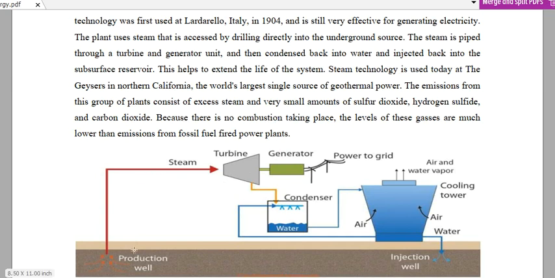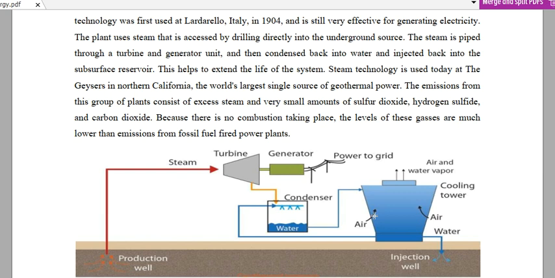Just steam which is extracted from the earth's surface is used to run the turbine, which generates electricity, and the condensed water is re-injected into the earth, which replenishes the groundwater and keeps this whole system of geothermal energy formation and extraction at work.